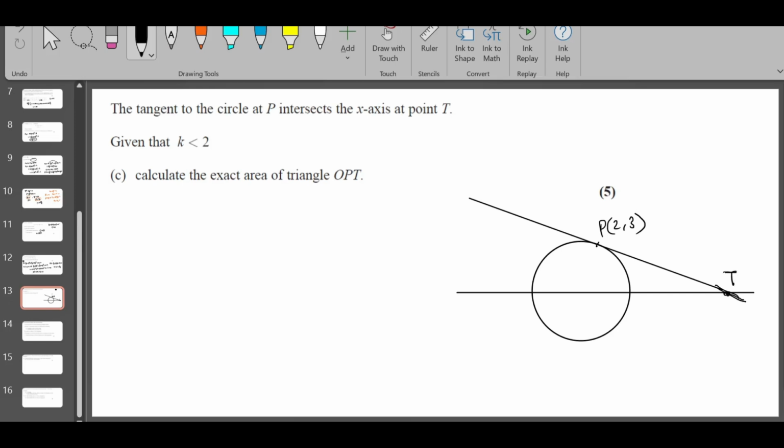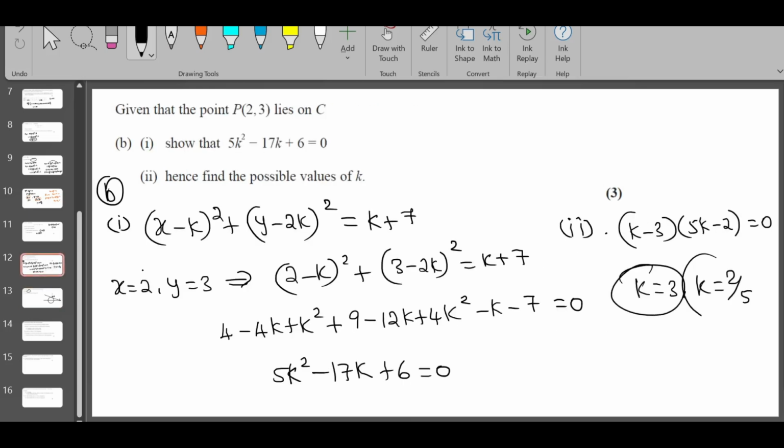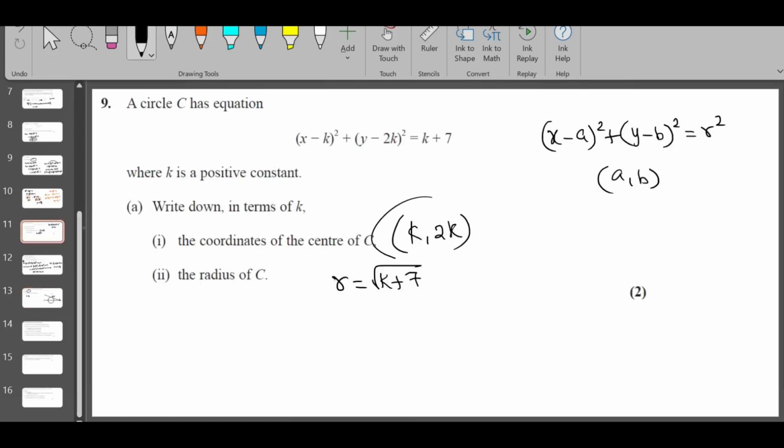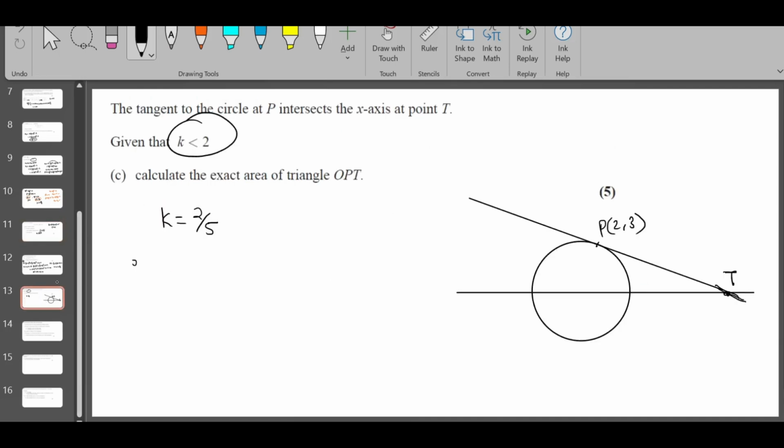Given that k is less than 2, we got two values of k here, 3 and 2 over 5. The less than 2 means you need to take 2 over 5. So k is equal to 2 over 5. Using that, we can find the center of the circle, (k, 2k). Therefore, the center is (k, 2 times k). Why do we need the center?